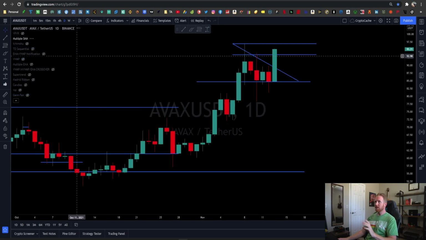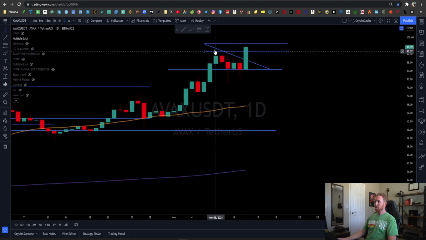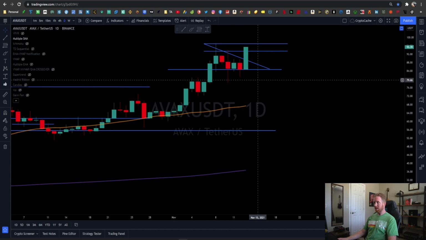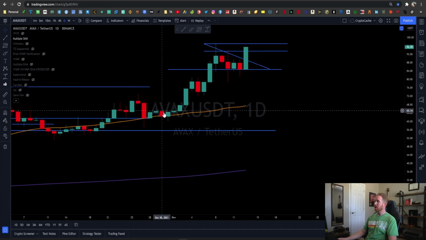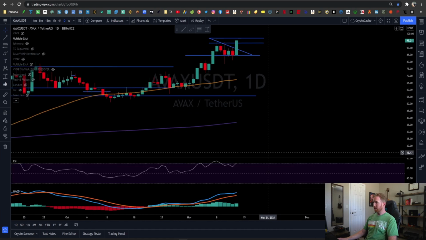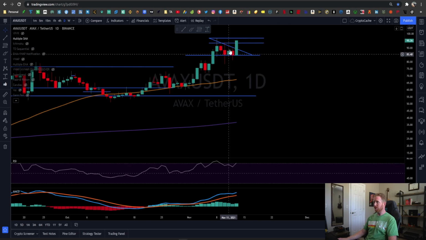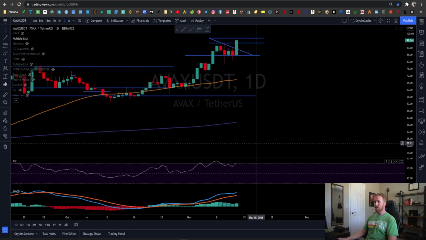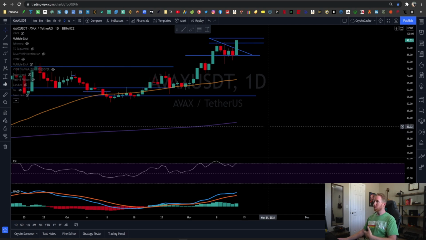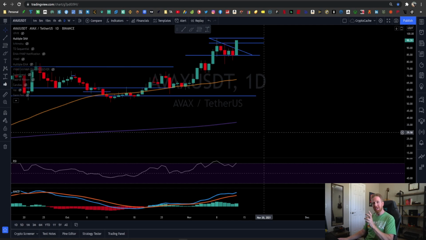Anyways, let's go ahead and take a quick look at the one-day chart and work our way down. We've got this descending pattern where we just had a breakout, of course, to the upside. It's pretty standard for a continuation. It's a bullish continuation. Also looking at the one-day chart, we're trying to break above 70, but the RSI at 70 is effectively a resistance level here. So if we can close above that, then the RSI will peak above and we'll be pretty much on track for the 70 on the RSI being a support level.